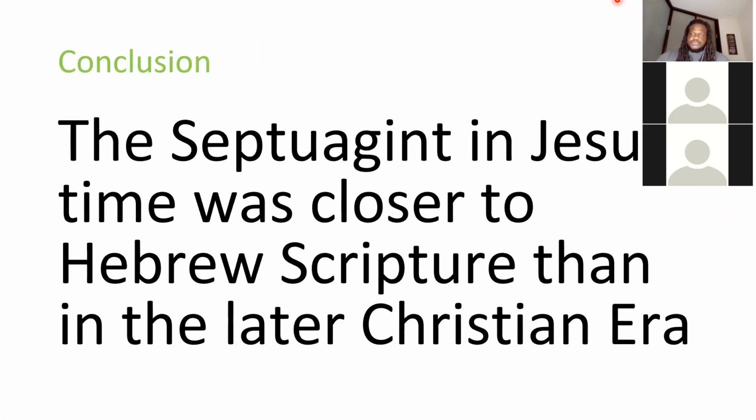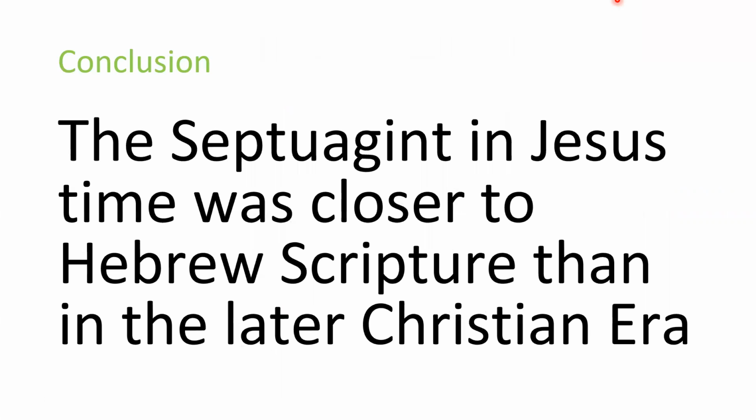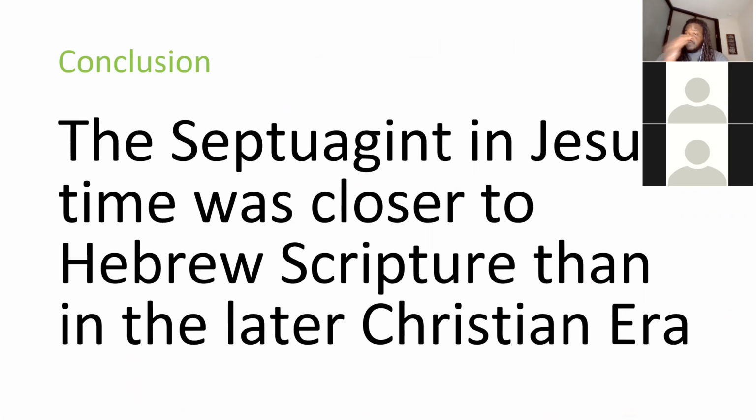So the conclusion I get from all the evidence and from the study is that the Septuagint in Jesus' time was closer to Hebrew scripture than in the later Christian era. What Jesus is reading is Greek versions of the Bible, and a lot of the Greek versions are adapted from the Jewish canon.